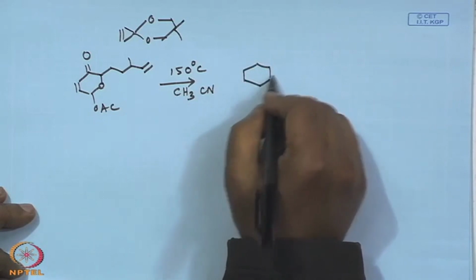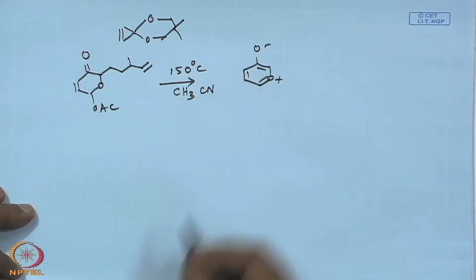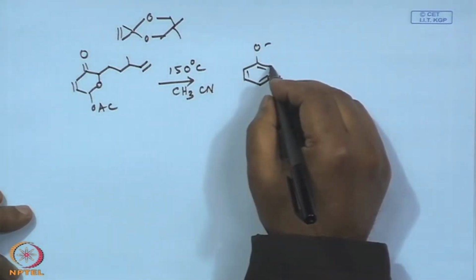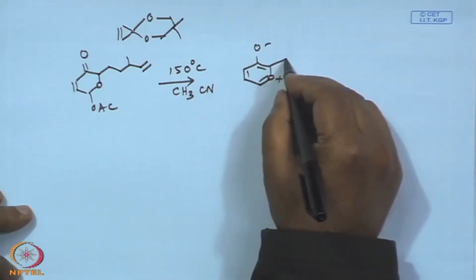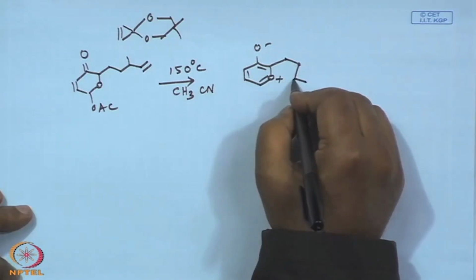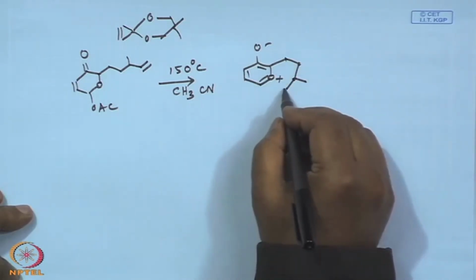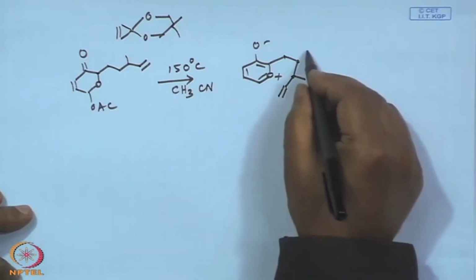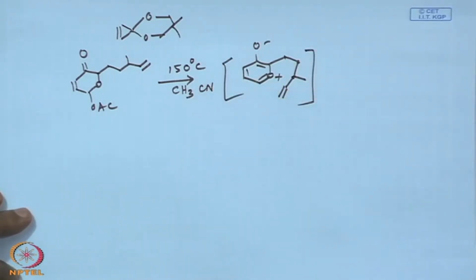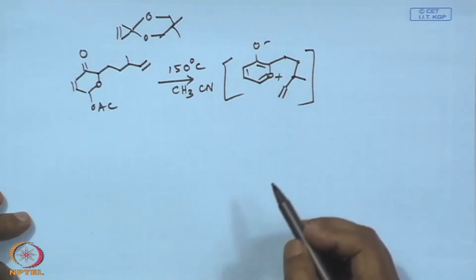So, what do you get? Under thermal conditions this will form again this oxido species, and how do you orient them? It is a 2, one, 2, the third one is carrying, and then you have a double bond. So, this should be the orientation, and again the bond would form across the oxygen.